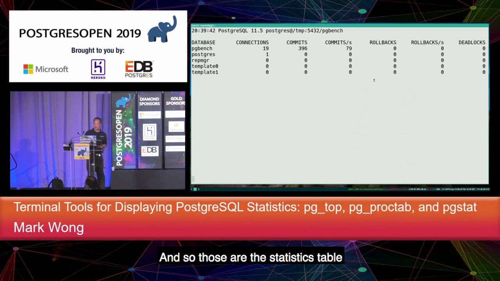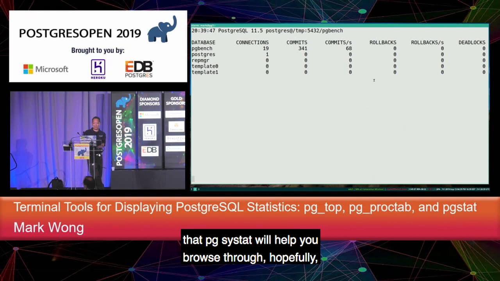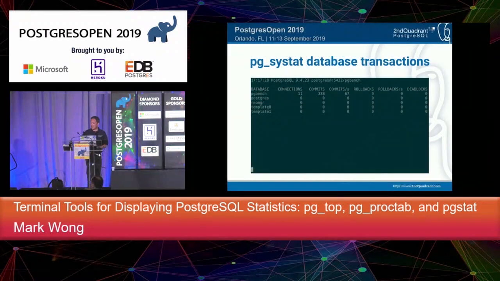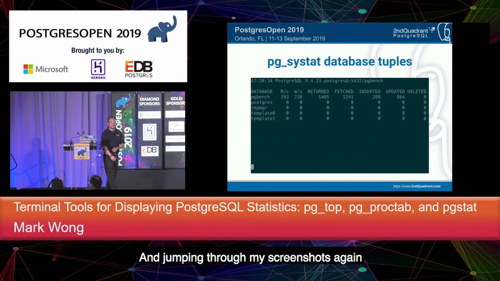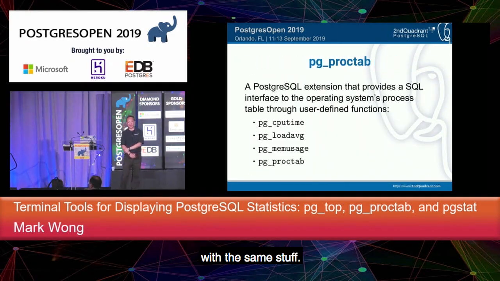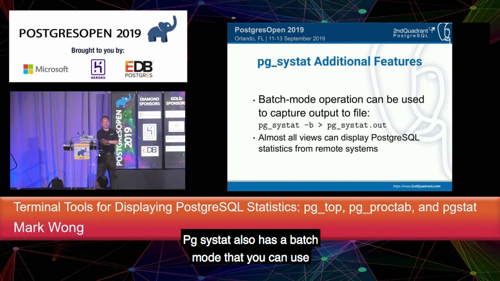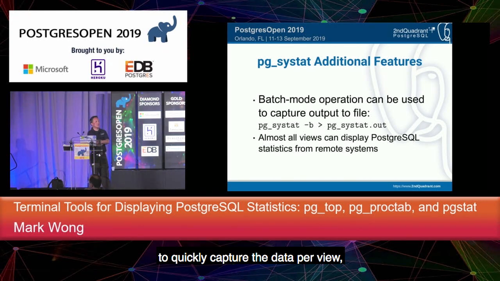And so those are the statistics tables that PG Systat will help you browse through, hopefully more easily than typing in queries. Then jumping through my screenshots again of the same stuff. PG Systat also has a batch mode that you can use to quickly capture the data per view.